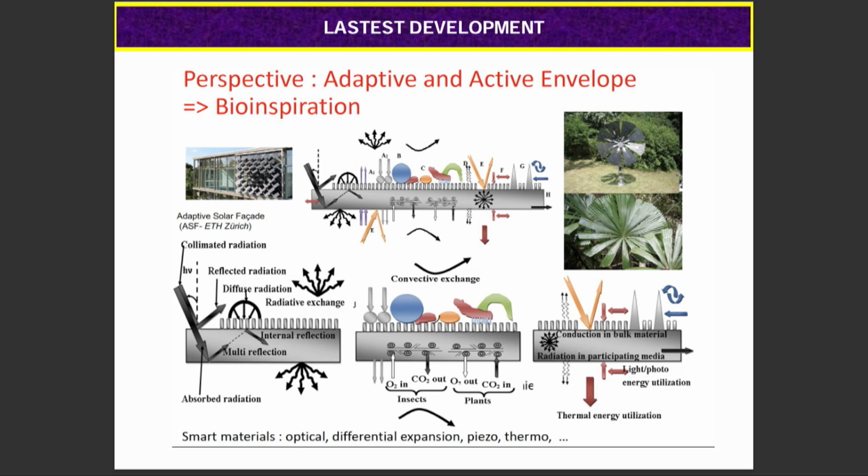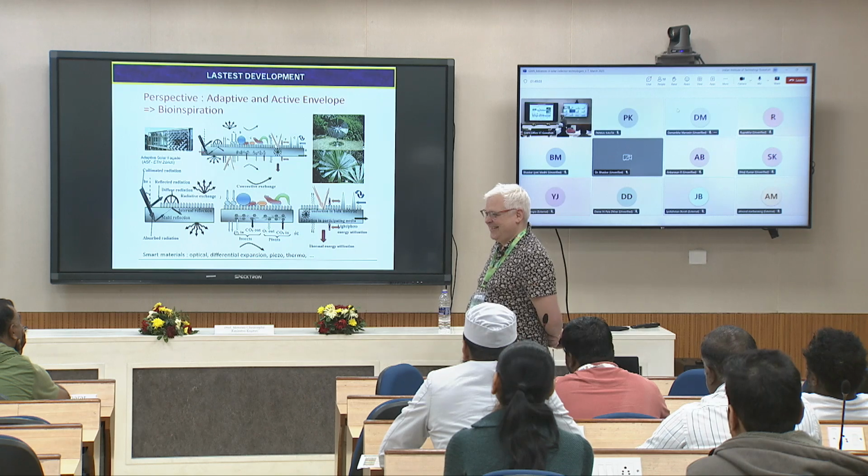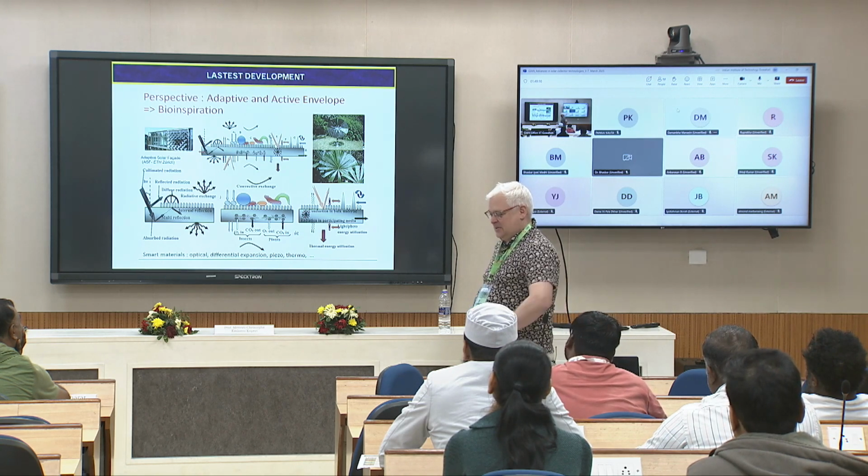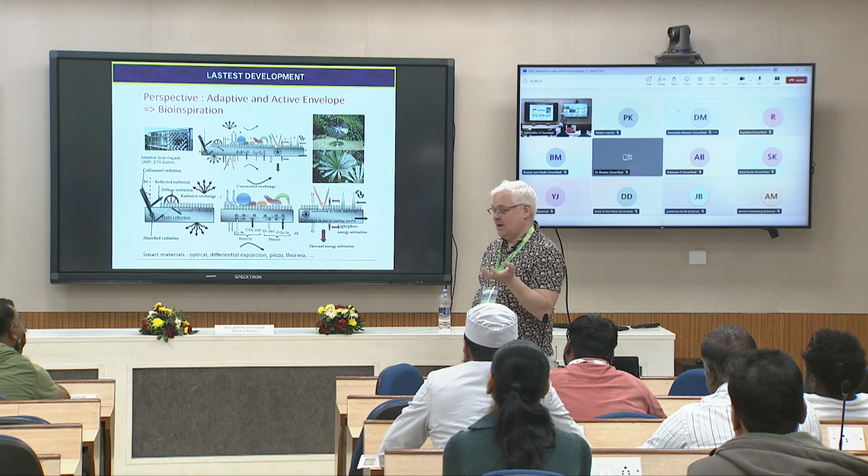Because if you look at this building and at the insect, they have a common point. What is the common point between this building and an insect? The insect has an exoskeleton, and the building has an exoskeleton.